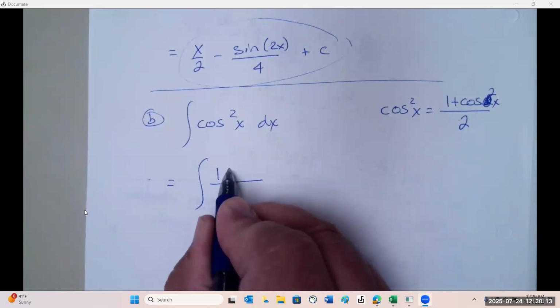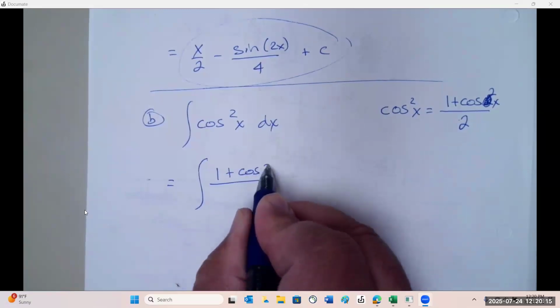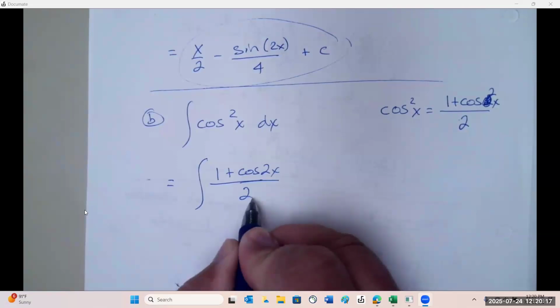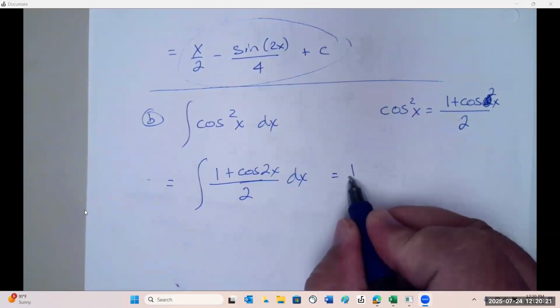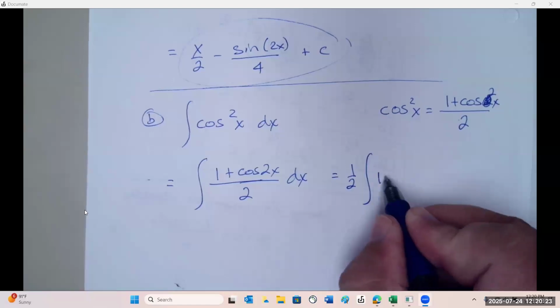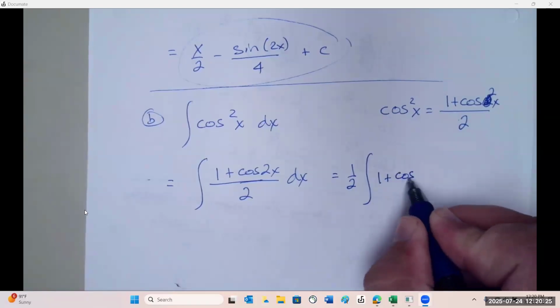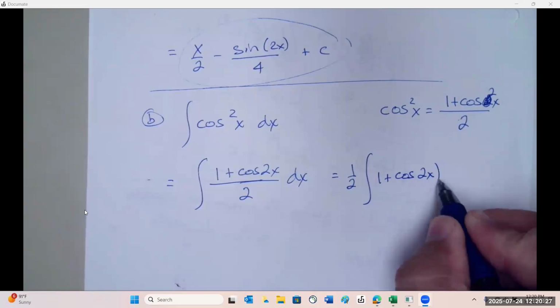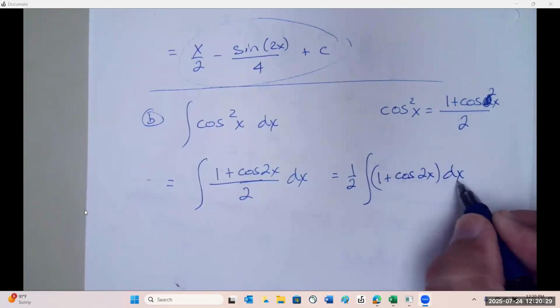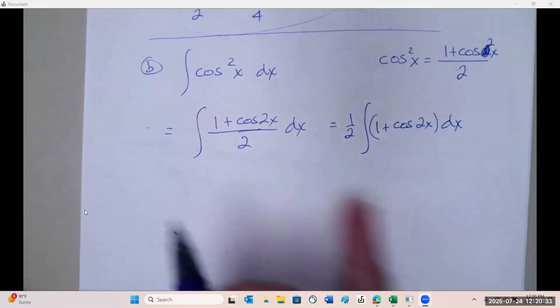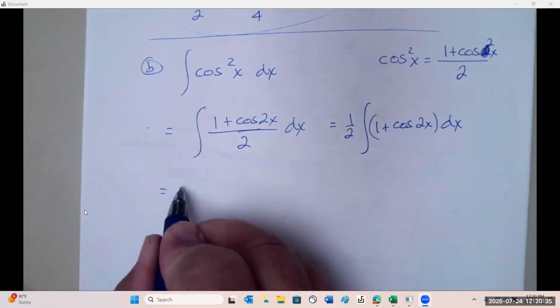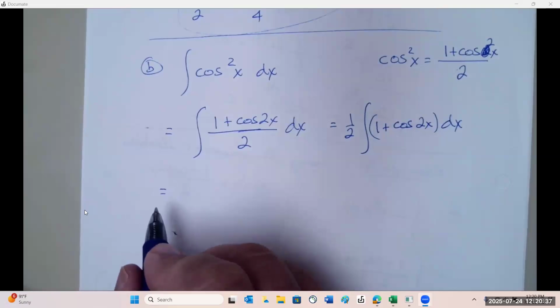So this is the integral of 1 plus cosine 2x over 2 dx. The 1/2 comes out in front. So I have 1/2 times the integral of 1 plus cosine 2x dx. How are you able to get that 1 inside if you already took the 1/2 out?